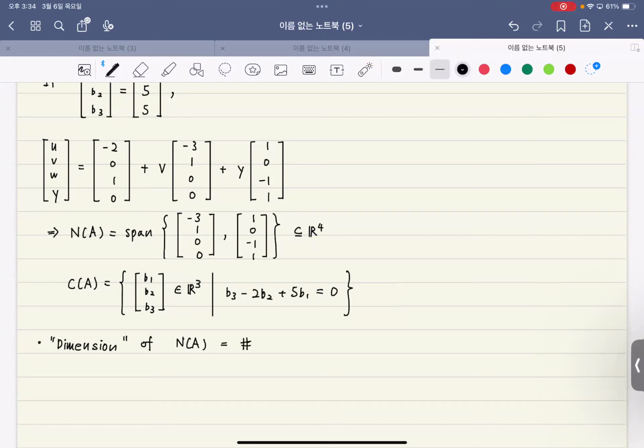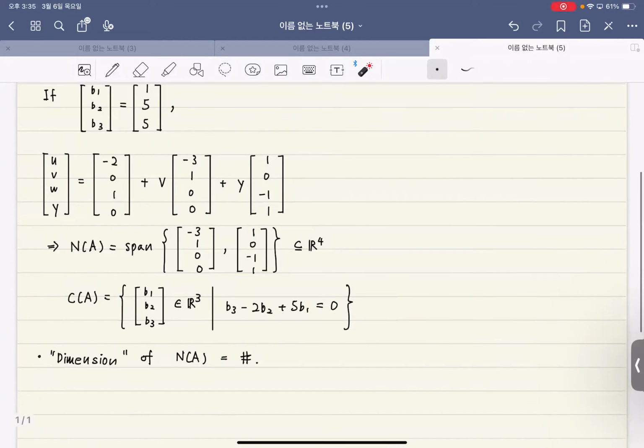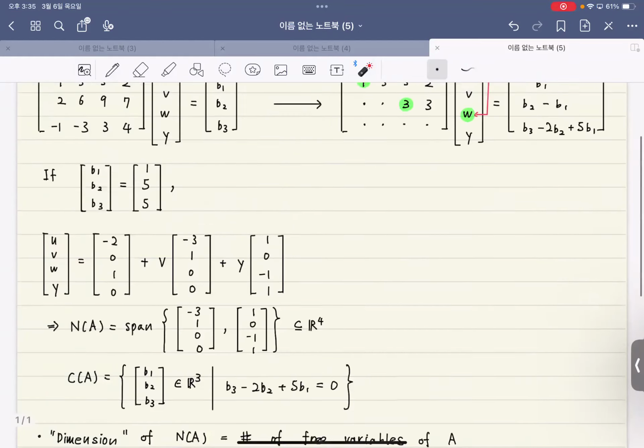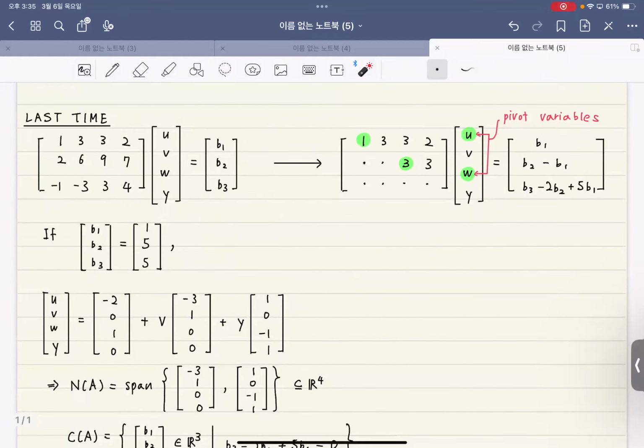But instead of just simply saying 2, I realized that the number of these spanning vectors is the same as the number of free variables of A, right? Now, how many free variables do I have? Well, if any variable is not a pivot variable, then we say it is a free variable.